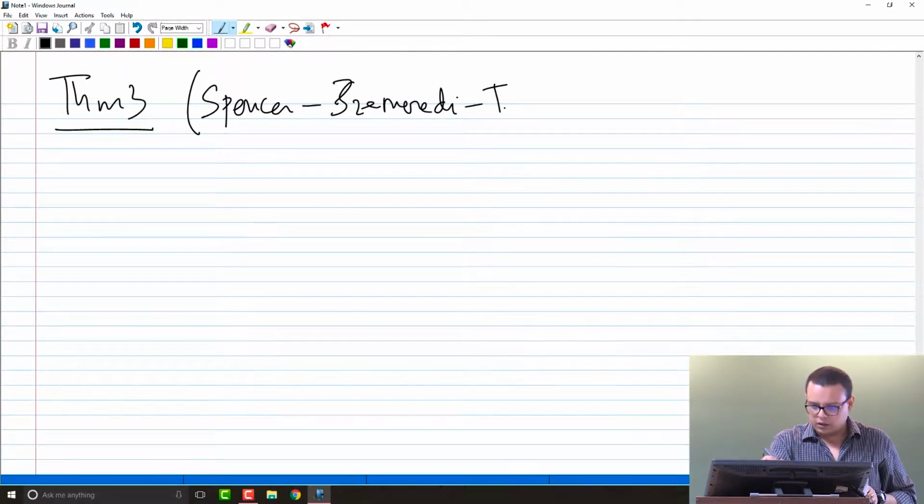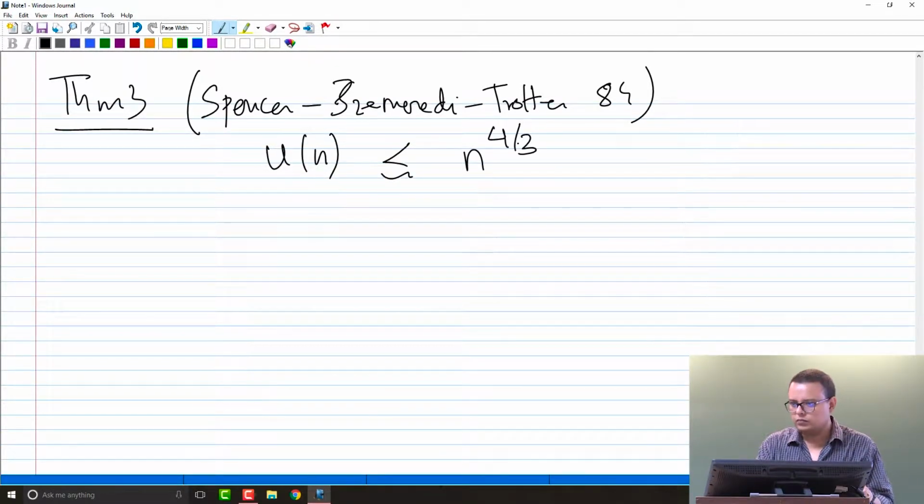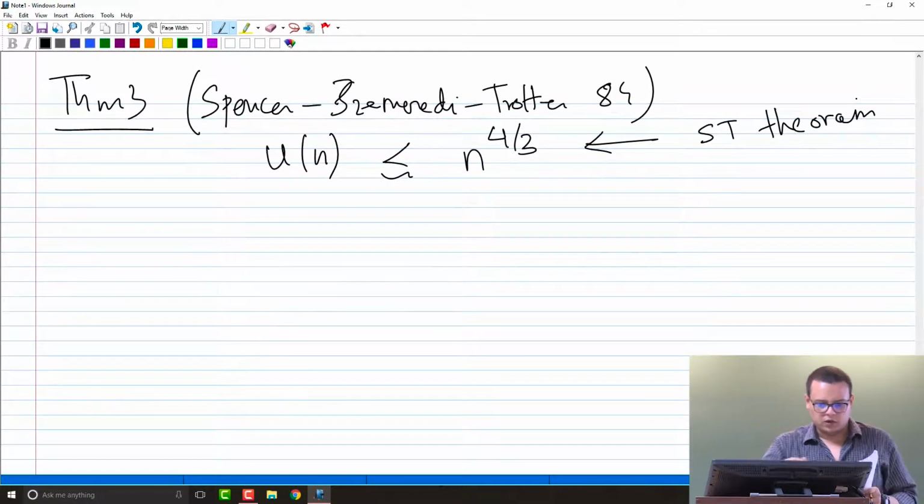In 84 they proved that un has to be less than or equal to n to the power 4 by 3. This will use the ST theorem. ST theorem is the Szemerédi–Trotter theorem for incidences.